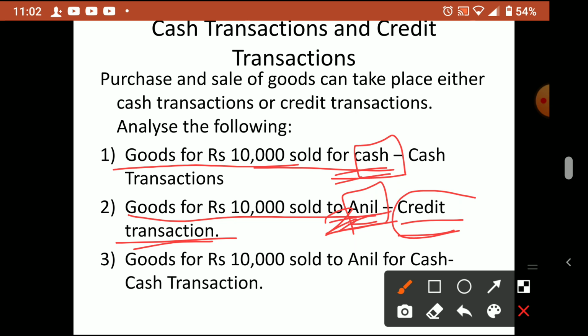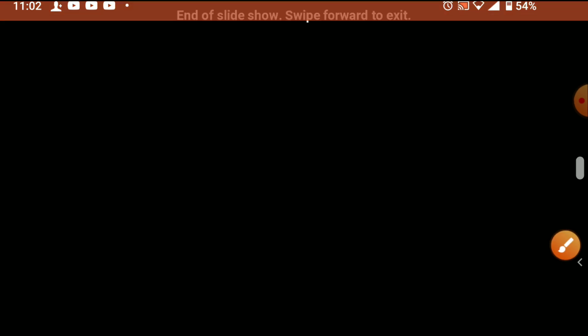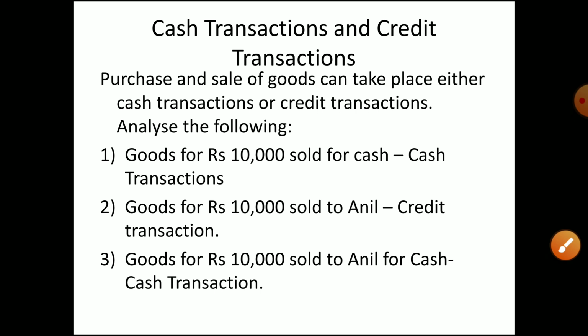Now you tell me, goods for rupees 10,000 sold to Anil for cash. Anil's name is also there, cash is also there. Then how to identify it? Then it is cash only. It says for cash. So when cash is involved, then it is a cash transaction. So goods can be sold at cash or credit. Goods can be purchased at cash or credit. So this much only.